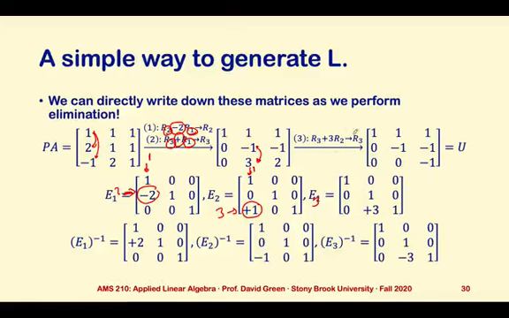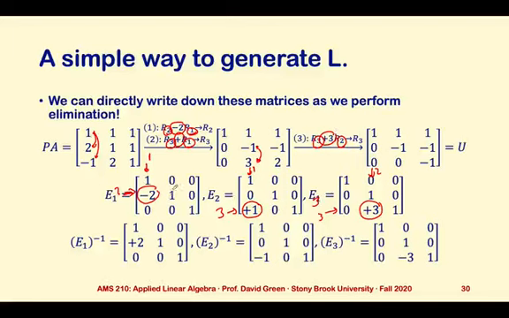The elimination matrix corresponding to this operation is equally easy to generate. Target row 3 makes us look at row 3. Pivot row 2 makes us look at column 2. We find the corresponding entry here, and we put in the coefficient +3. Very simple.